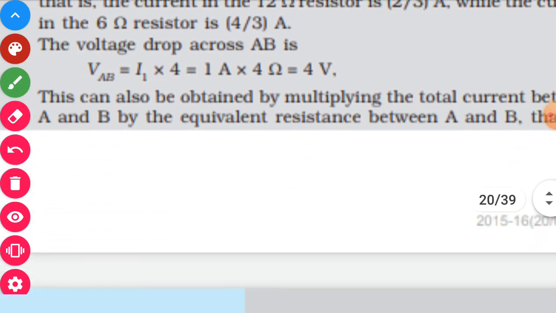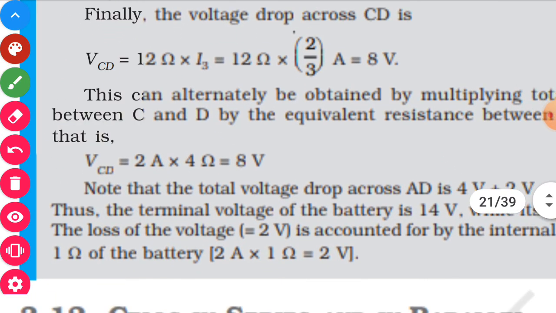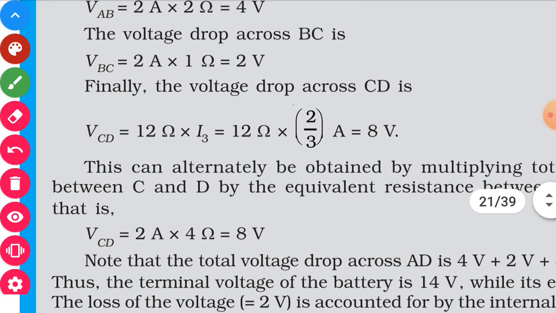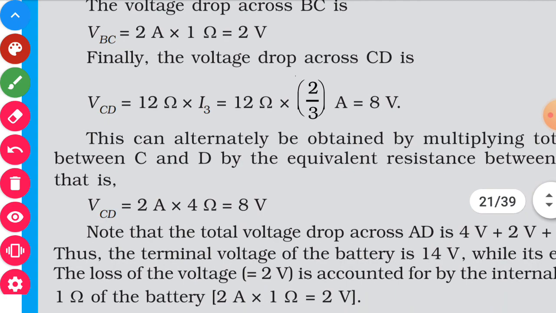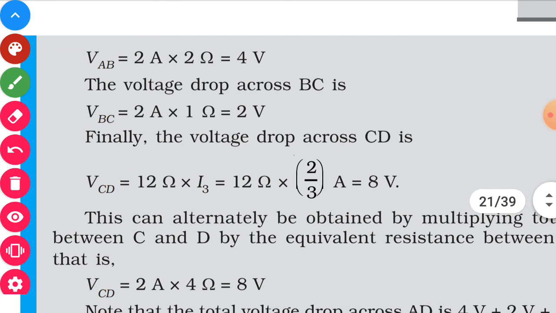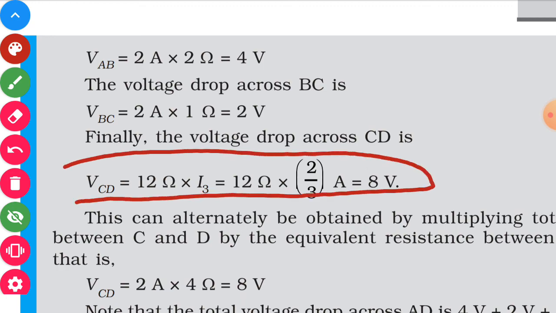That calculation is again very easy. 8 volt is the potential difference between C and D. Different methods are also there to calculate, but right now this is the easiest way we can find. So this 8 volt is the value of the voltage between C and D. Okay, thank you very much.